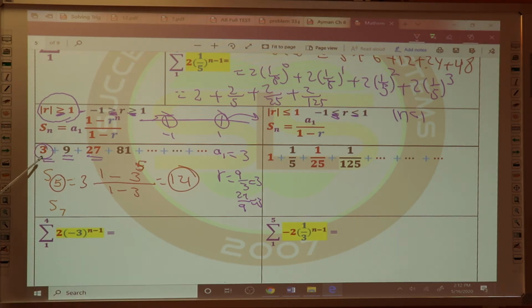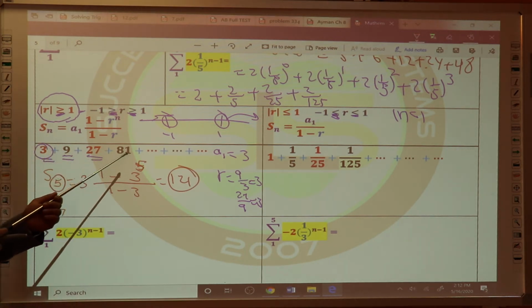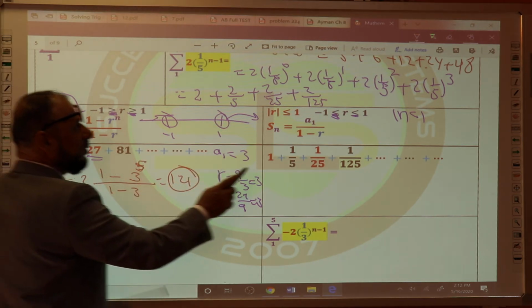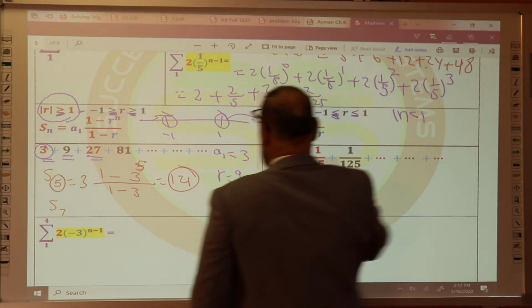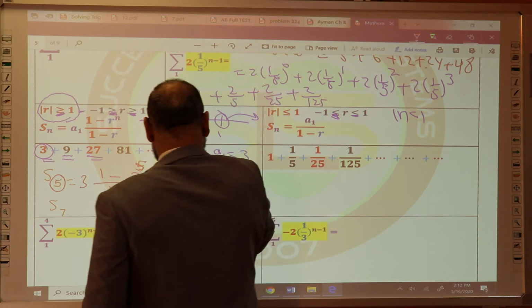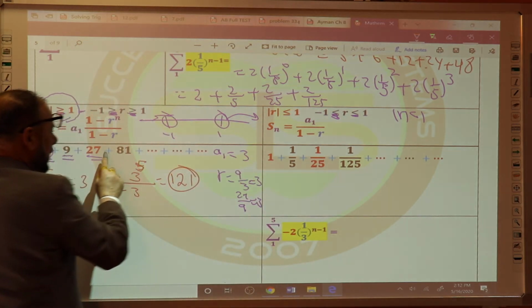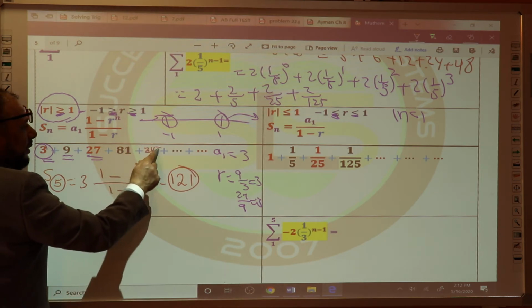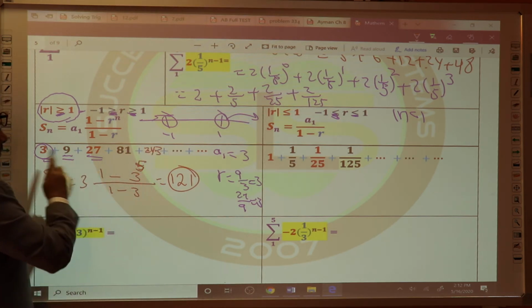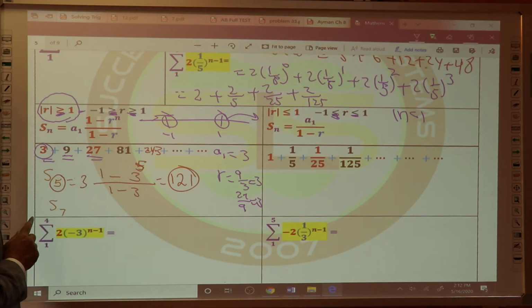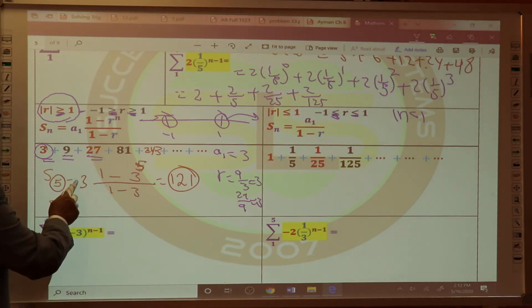All you need to do: 3, 9, 27, 81. What's the number after this? 243. If you need to know this answer, look here, 1, 2, 3, 4, and 5. The first 5 terms, I forgot to multiply by 3, right? I have to multiply by 3.